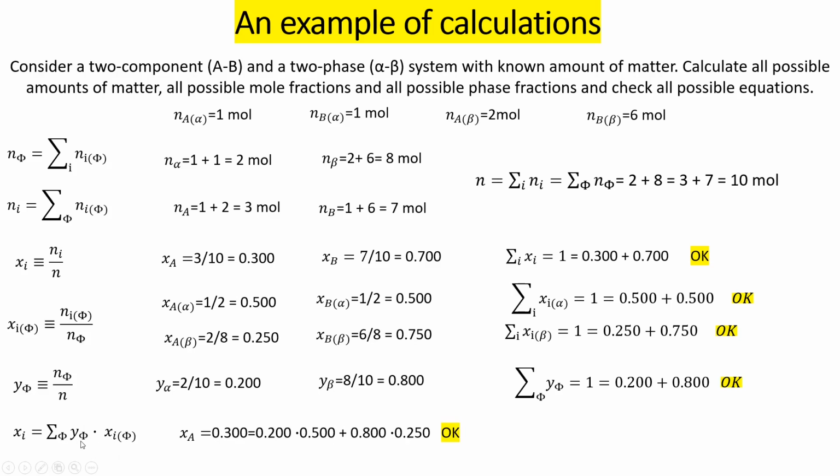So I start with Y alpha, which is 0.2, times XA alpha. XA alpha I calculated as 0.5. Plus we go to phase beta. So I take Y beta, you remember it's 0.8, times XA beta.